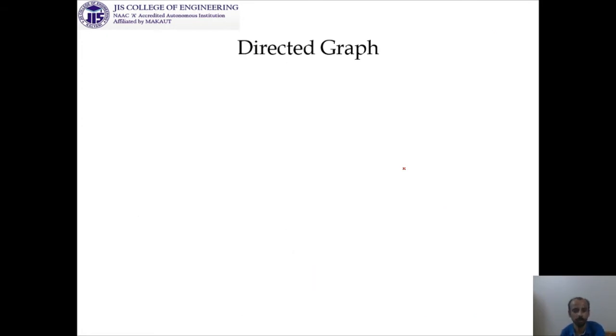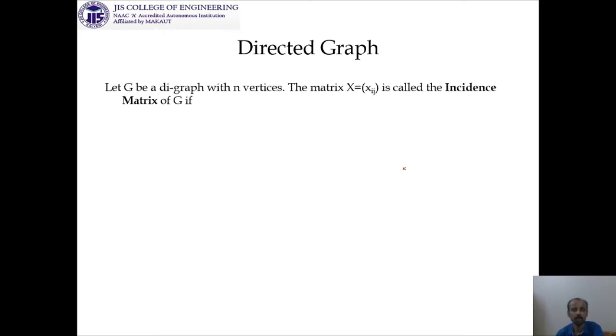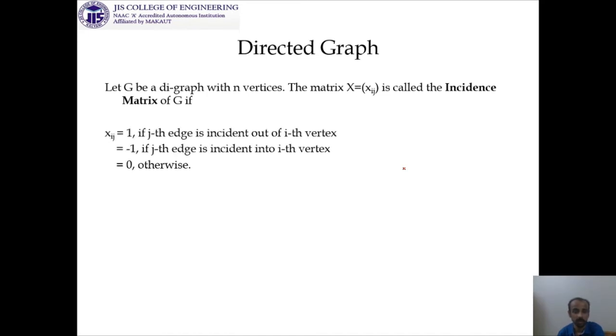Now we are moving forward to the directed graph, and our job is to construct the incidence matrix for a directed graph. But before that, what is the rule we have to follow? The rule is very interesting: till now you have been getting matrices with 0 and 1 entries, but now, depending on the direction, you have to think how to symbolize it so that the direction is reflected.